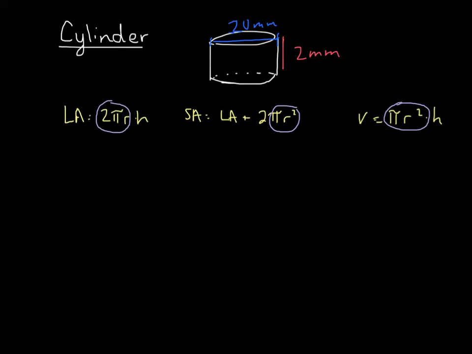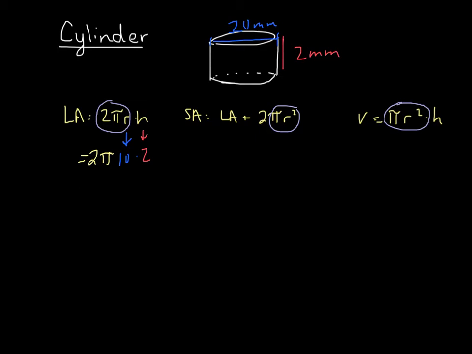So when we're plugging in, all I'm going to do is plug in everything I know. We're going to put in a 2 for the height. Of course, the radius is going to be half the diameter, so that's going to be 10. And the 2 pi r is just from my formula. So I end up with 2 times pi times 10 times 2. And I'm going to multiply all of that out.